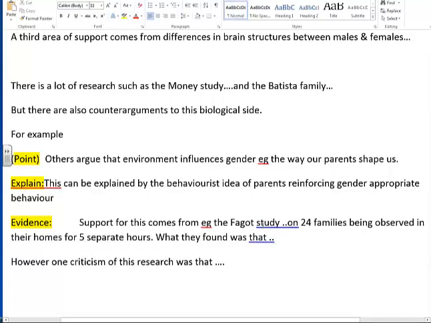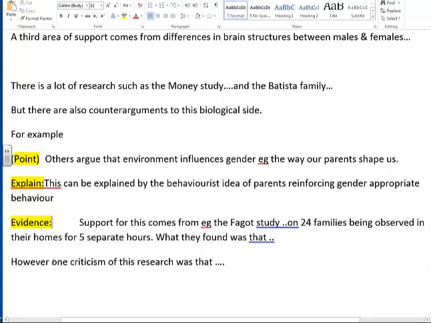We want a tiny bit of information to tell the examiner. We don't want to retell the whole thing. 24 families, observed them for 5 separate hours. And what they found was that parents did reinforce gender-appropriate behaviour. They weren't aggressive, but they were a bit unforgiving with gender-inappropriate behaviour.